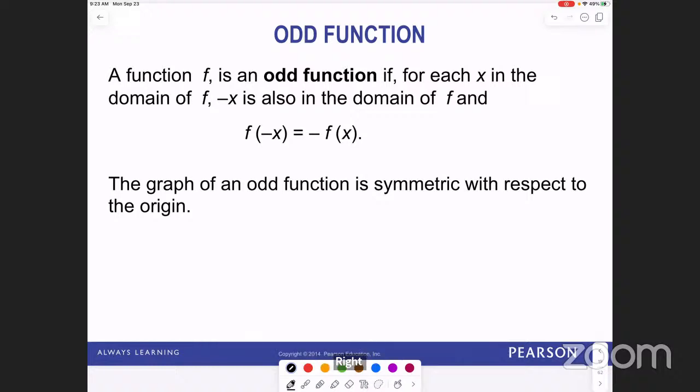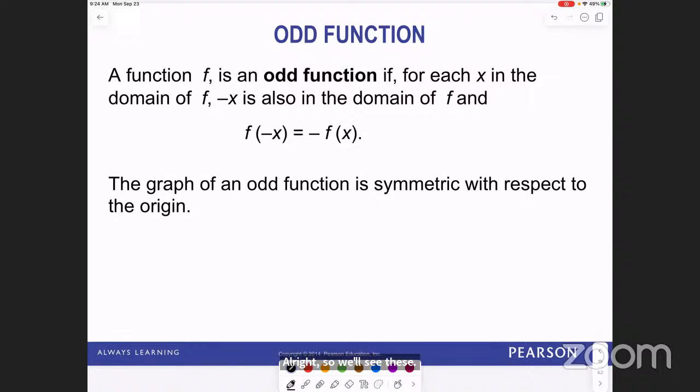In other words, mirror images about the origin. So function f is an odd function if for each x in the domain of f, negative x is also in the domain of f, and f of negative x equals negative f of x, okay? The graph of an odd function is symmetric with respect to the origin, right? So we'll see these in action momentarily, right?